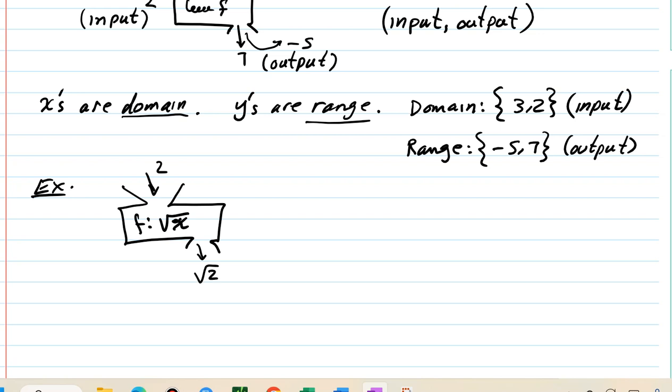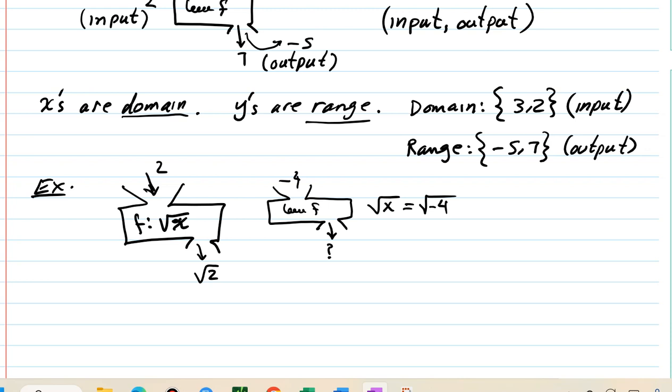Square root of 2, whatever that is. No need for a calculator. You put in a 25, the output would be 5. Now into this machine, into our function machine, what if I put in a -4? The function is going to try to process this. So what's going to come out at the other side?